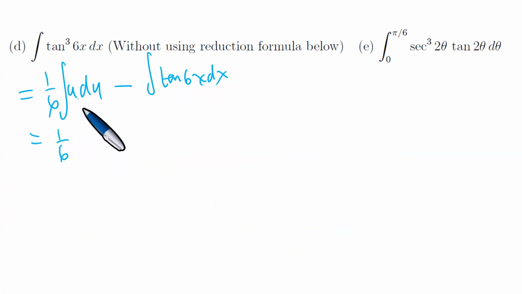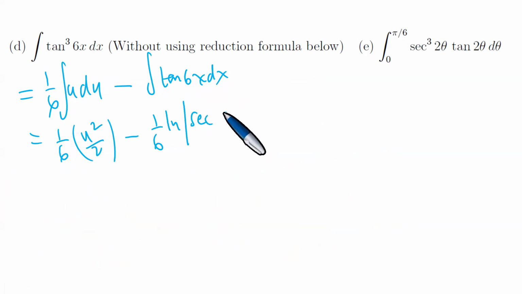The integral of this one is u squared over 2, minus the integral of the tangent, which would be 1 over 6 the ln of the secant of 6x plus c. Because the integral of the tangent is the ln, but because of the 6x, then you put 1 over 6.